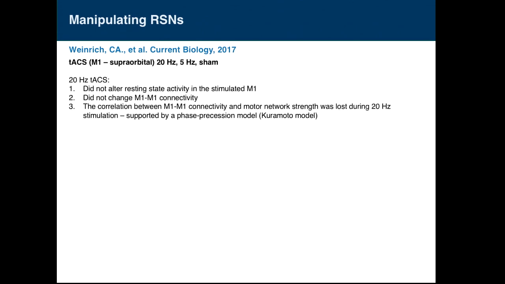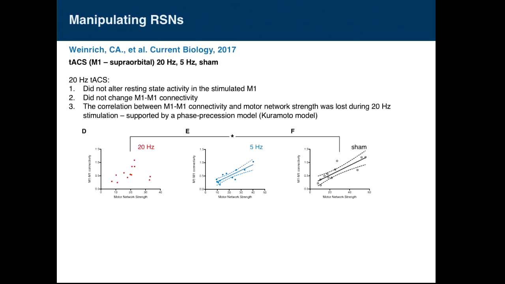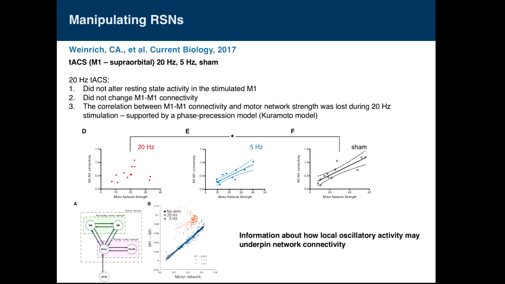They don't modulate M1 connectivity, but interestingly, and here in red, the plot in red shows the 20 Hertz, so the beta frequency. They show that the correlation that you typically see between the 2 M1s and the motor network disappears during this 20 Hertz stimulation. And they use a phase precession model, the Kuramoto model, that's very widely used when you want to look at oscillatory behavior.